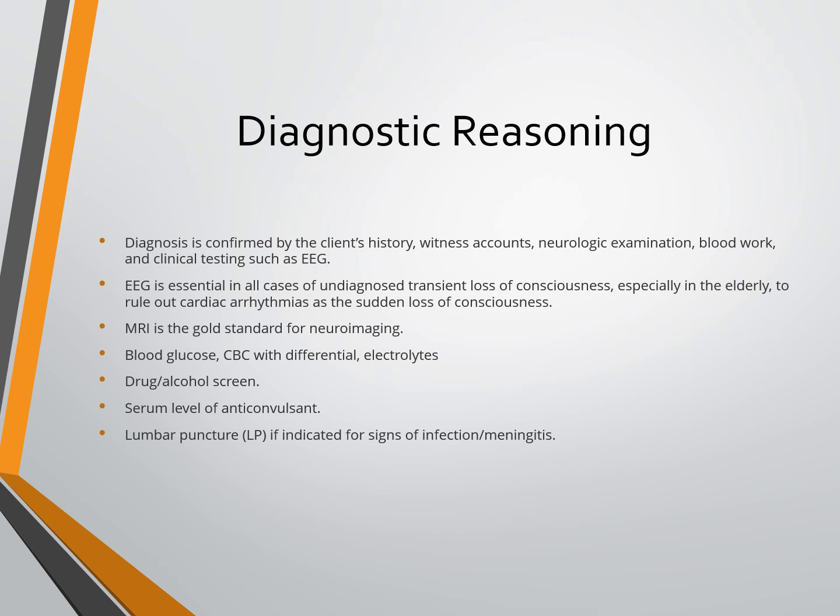If there's anybody who has witnessed the seizure, that you get a clear understanding of what they have said they've experienced. Do a comprehensive neurological exam and make sure that you collect your blood work to also assist. These patients should be referred to neurology. The gold standard of imaging for seizures is an MRI.